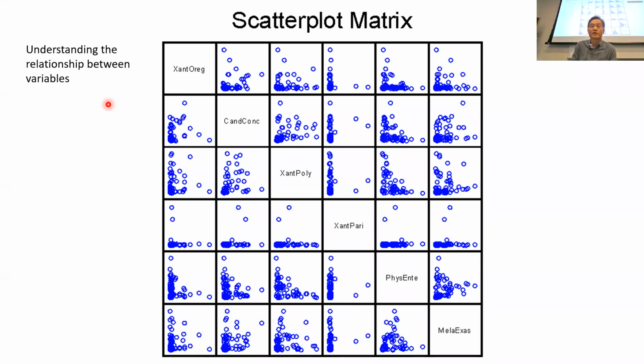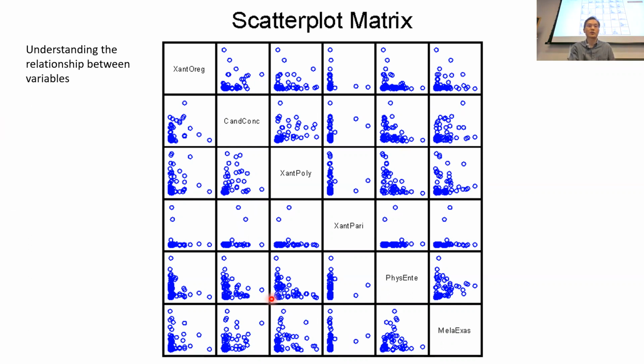If you have multiple variables, you can do a scatter plot for every pair of variables, and each blue point is a sample. In this case, you can have a global view of all the pairwise correlation or association between variables and immediately detect them.